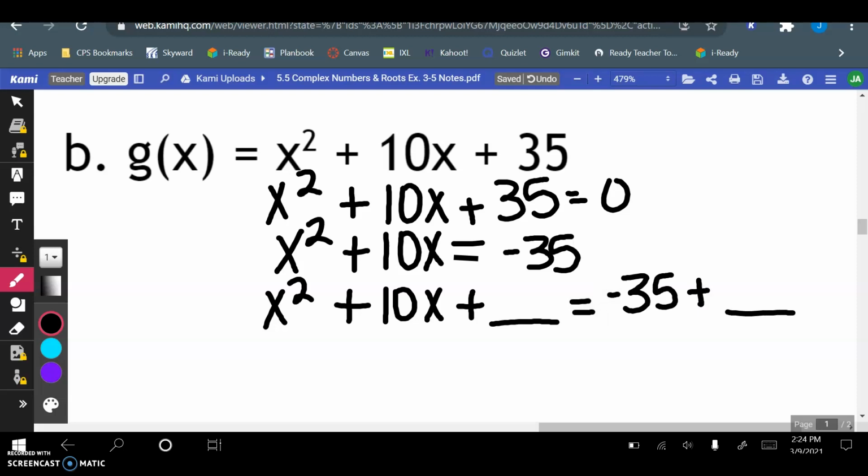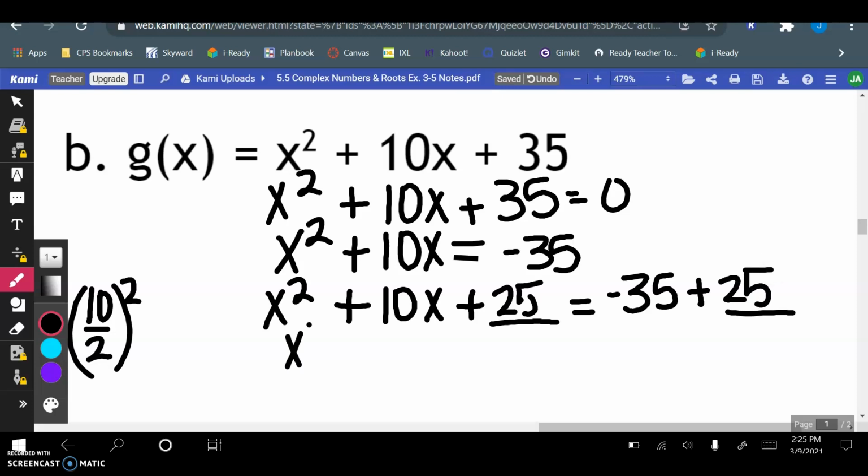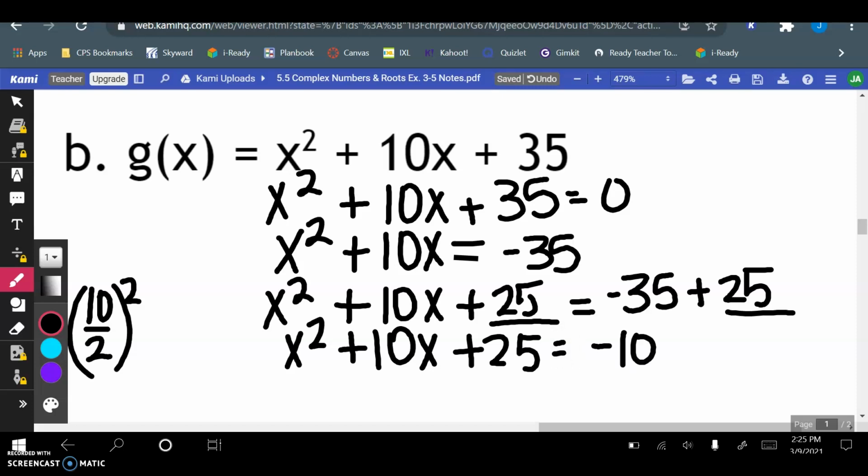So the b is 10. So we have 10 over 2 squared. 10 over 2 would be 5. 5 squared is 25. So we're going to add 25 to both sides. Negative 35 plus 25 would be left with a negative 10.